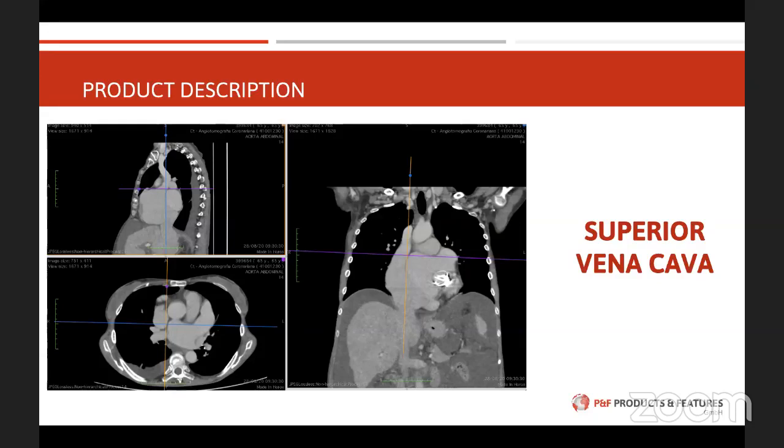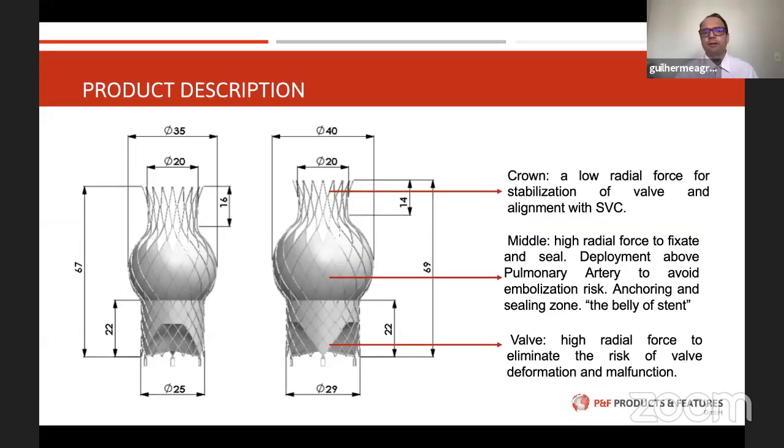Then we need to develop a device with different parts to have appropriate fixation and sealing. And as Katarina previously showed, we have this stent with a belly and a crown. The crown is a part of the stent with low radial force, and we use this for the stabilization of the system during deployment and after deployment to guarantee a correct alignment with the superior cava.